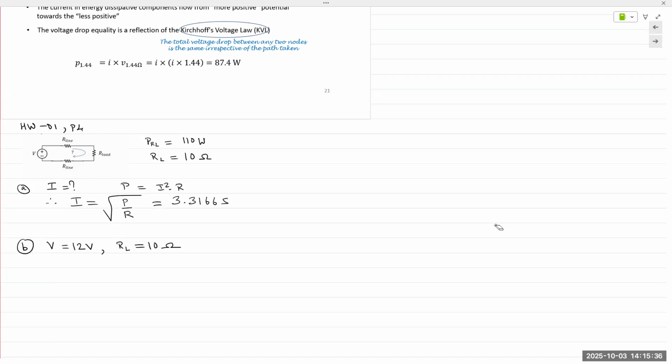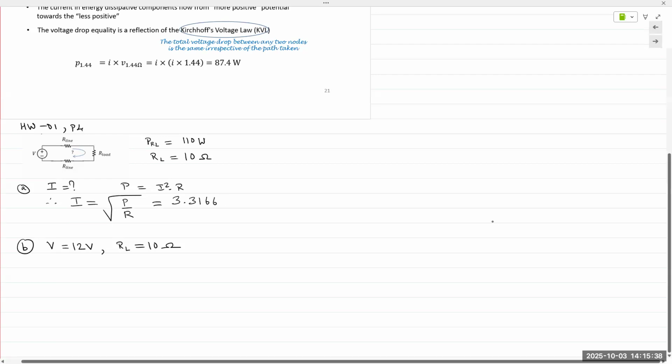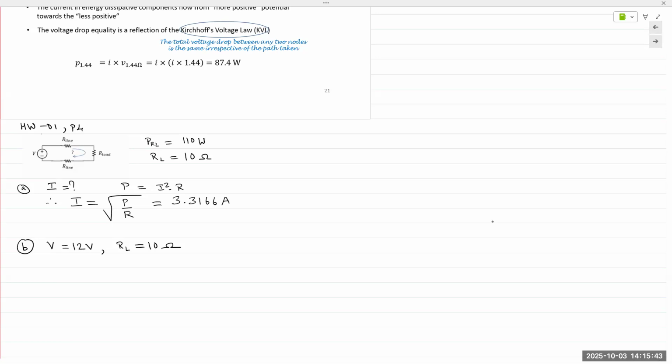I usually go to 4 decimal places. What is that? So now if RL is 10, what is VRL? Right? Because it's just 10 times that. So 33.166 volts. Yes.